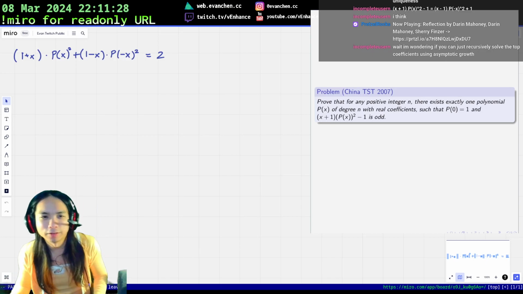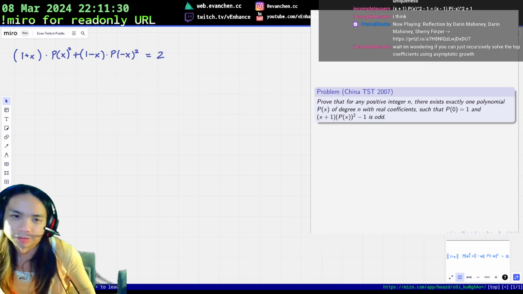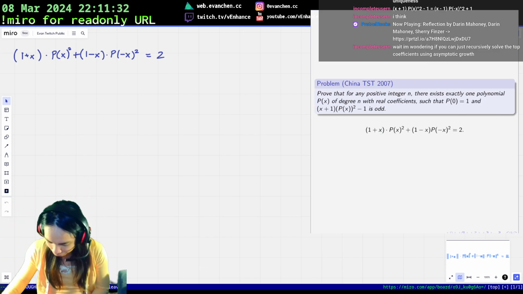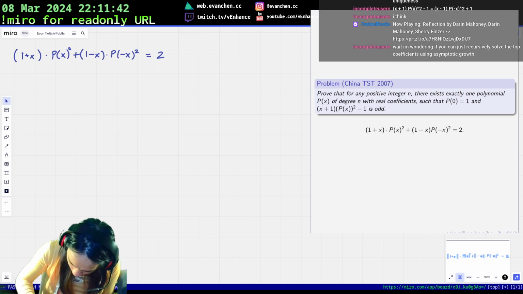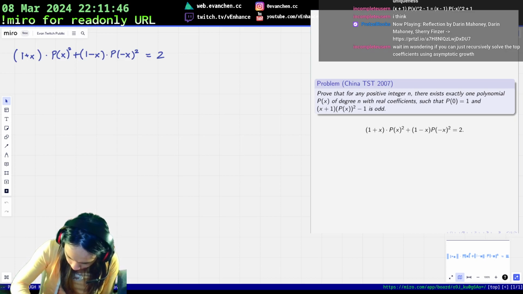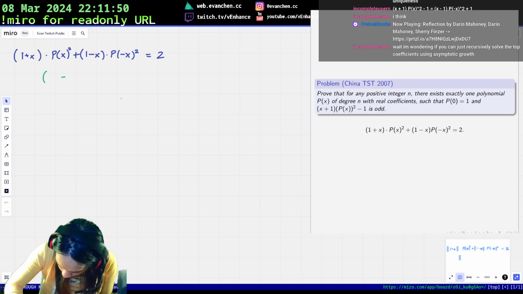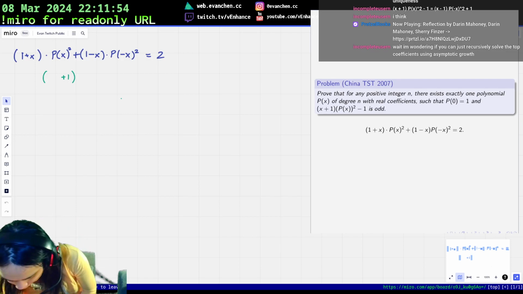The problem says to show that there's exactly one p for each degree. Well, let's just see what happens. So p(0) has to be 1 no matter what.